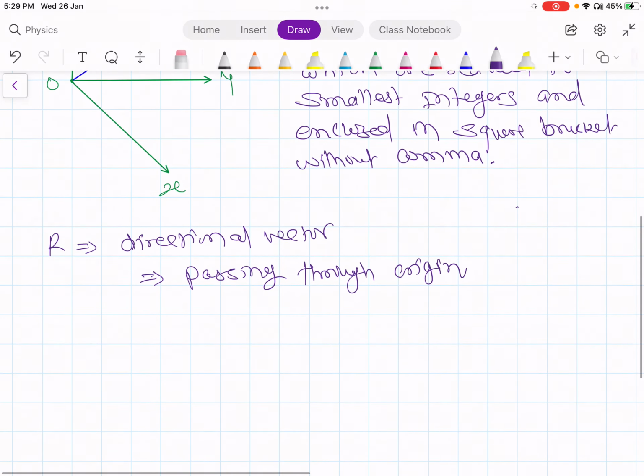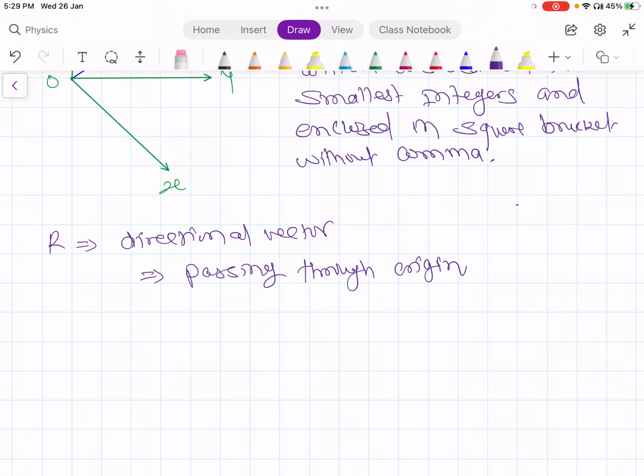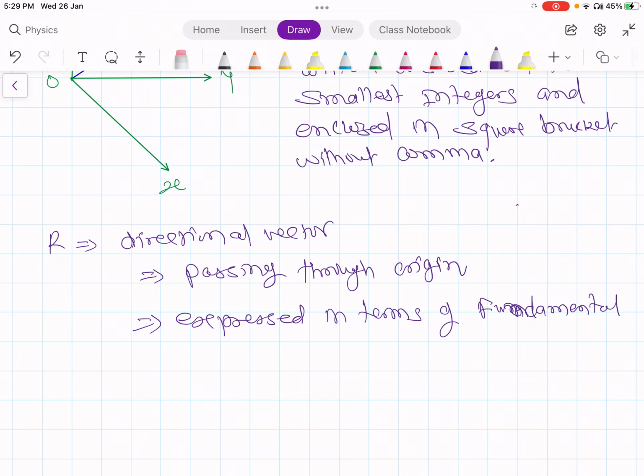And then you can express this directional vector in terms of fundamental translational vectors A bar, B bar and C bar.